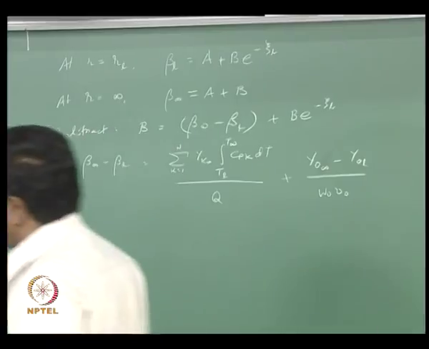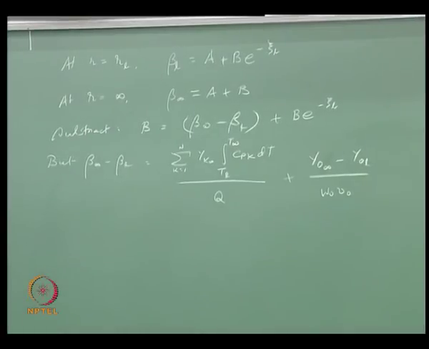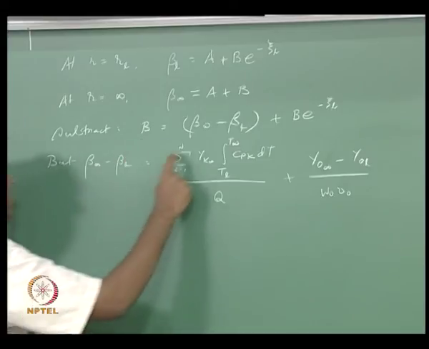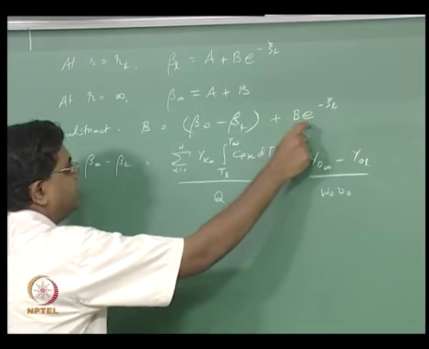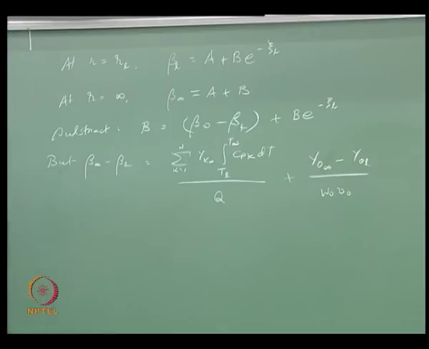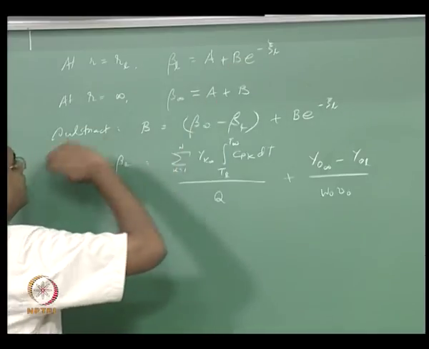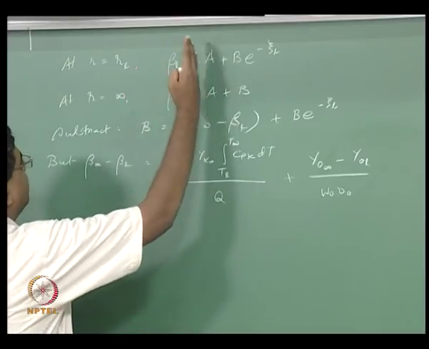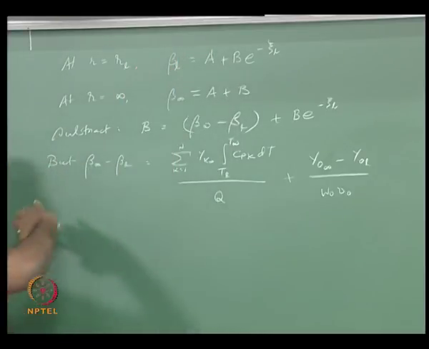Then we have to use the interface condition. So what we have now is b is equal to this plus b e to the minus psi L, with which you can evaluate b, but as I said, we are not really bothered about evaluating b. We are not interested in evaluating a as well. We are not interested in finding betas. What we are really interested in is to apply the interface boundary condition so that we can even eliminate b.